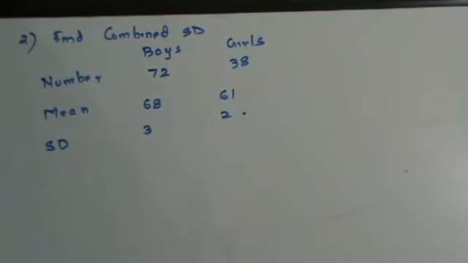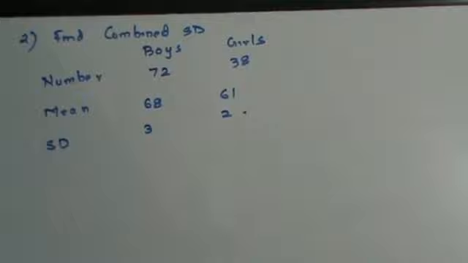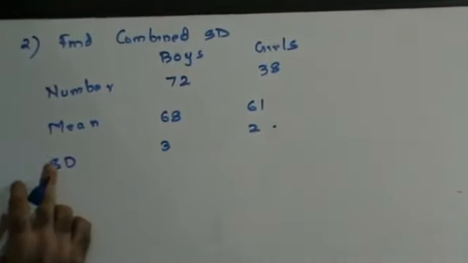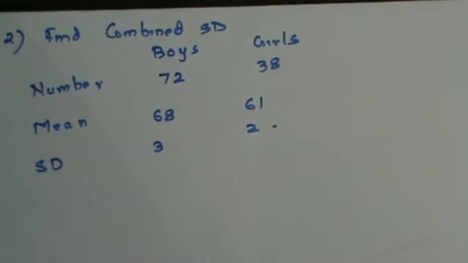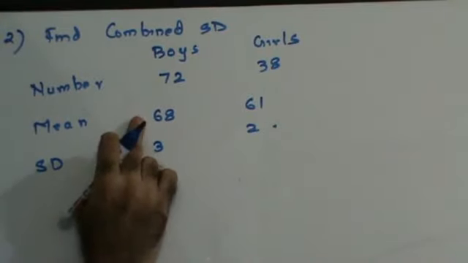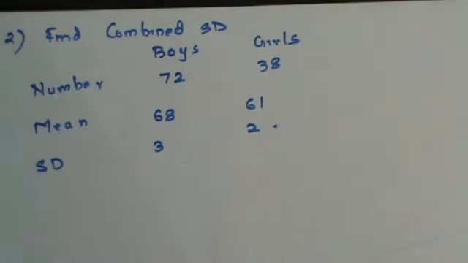Now in this particular sum they could have also asked you to find out coefficient of variation. We know that coefficient of variation is standard deviation upon mean into 100. So just in case if they tell you, you can easily find out. For example, coefficient of variation for boys will be 3 upon 68 into 100 and for girls it will be 2 upon 61 into 100. Fine, do we get this thing clear?